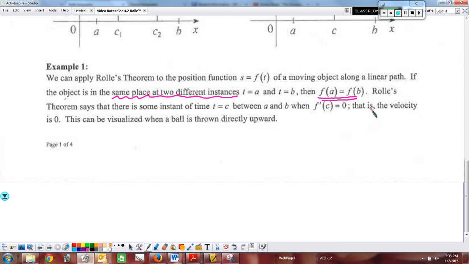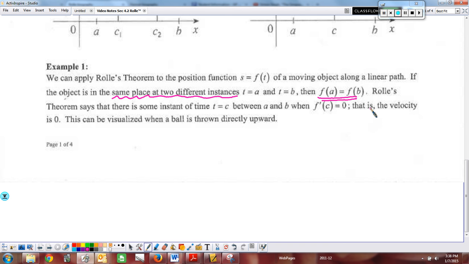You may have a very fast speed at a point in time, but it's never going to be a vertical tangent line. And then you also don't have a cusp there, because you can't magically go from going 10 feet per second to 20 feet per second. You have to move through all the speeds in between. You have to accelerate and decelerate, speed up and slow down in a continuous fashion as well. So it's going to be continuous and differentiable.